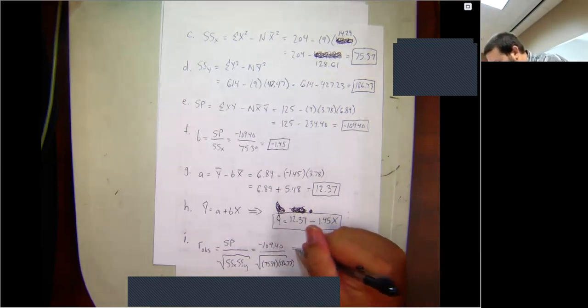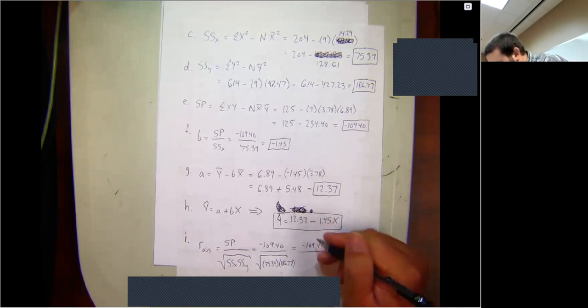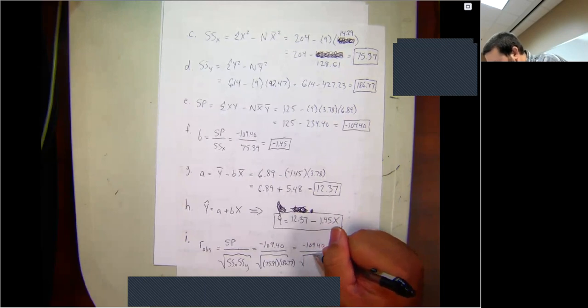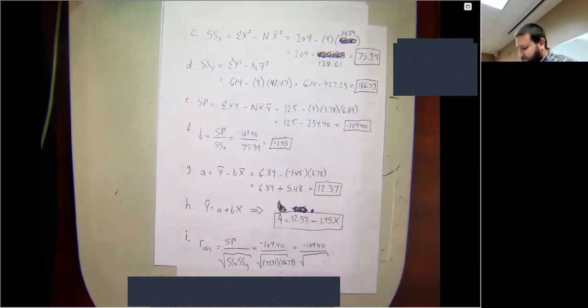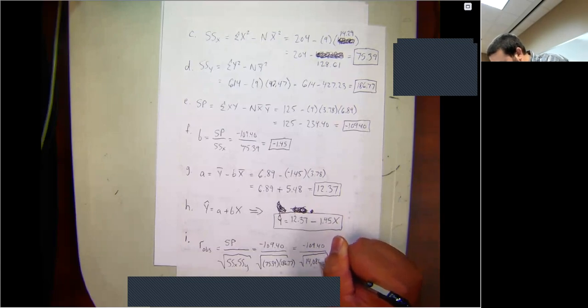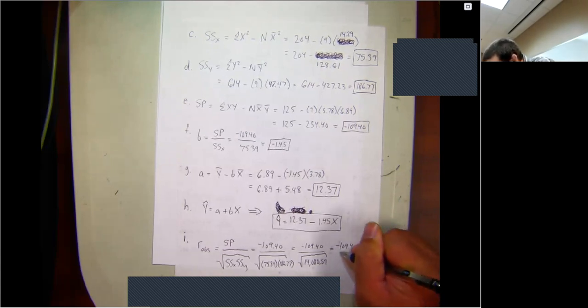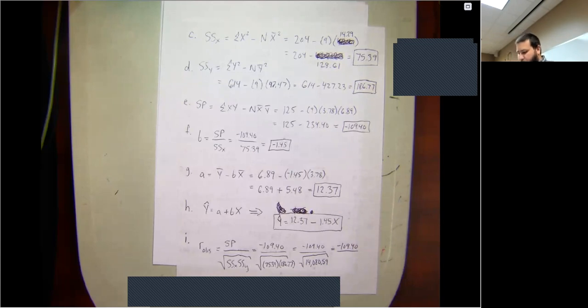If we multiply 75.39 by 186.77, we get 14,080.59. Big number, right? Well, let's take the square root of that and get it back to something a little more manageable. On top, we have negative 109.4.